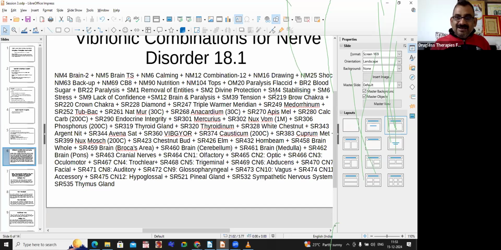Okay, next, brain and paralysis and tension. See, tension 10 mm is one of the things I told you I add in the sleep mixture. Kindly note what all I mix in the sleep mixture.